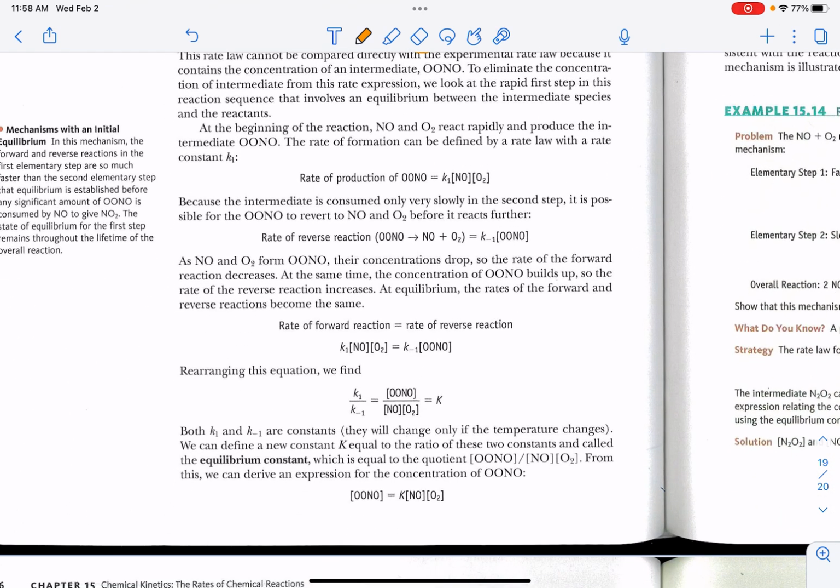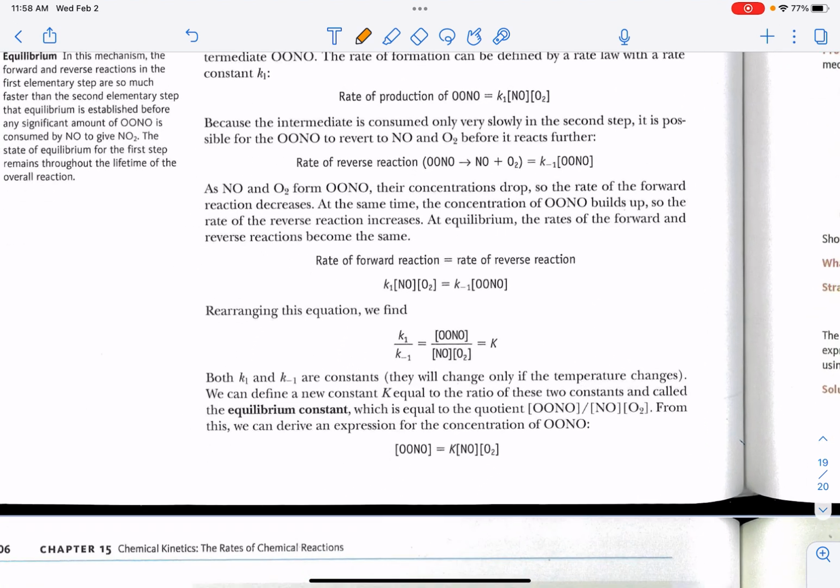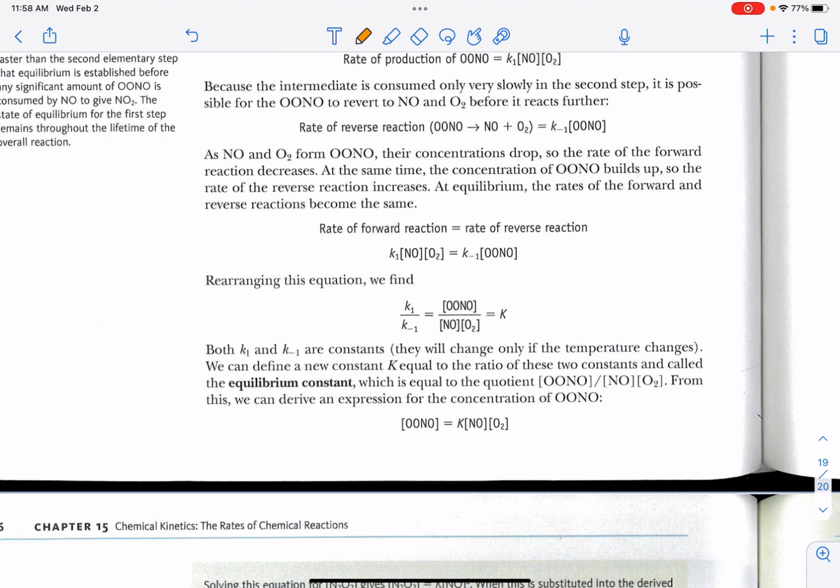Now, next chapter is all about equilibrium, so this is a bit of a preview. In equilibrium, the forward reaction and the reverse reaction occur at the same rate. And so with my forward reaction and my reverse reaction, I reach a situation where I have both reactants and products in my reaction container at the same time.